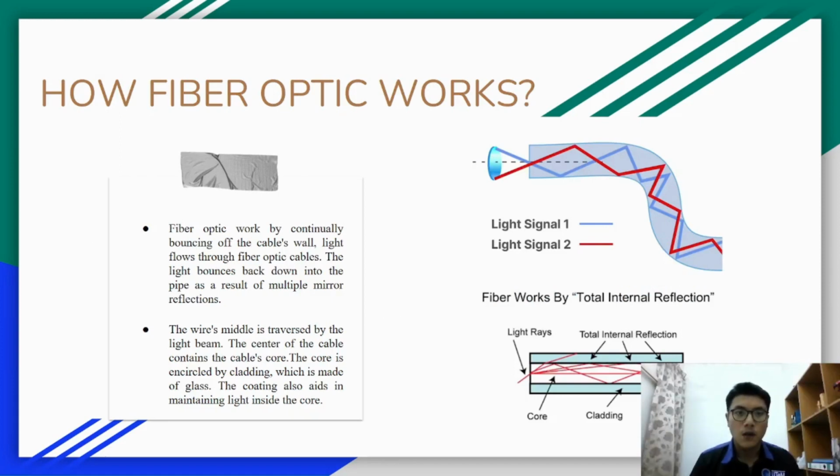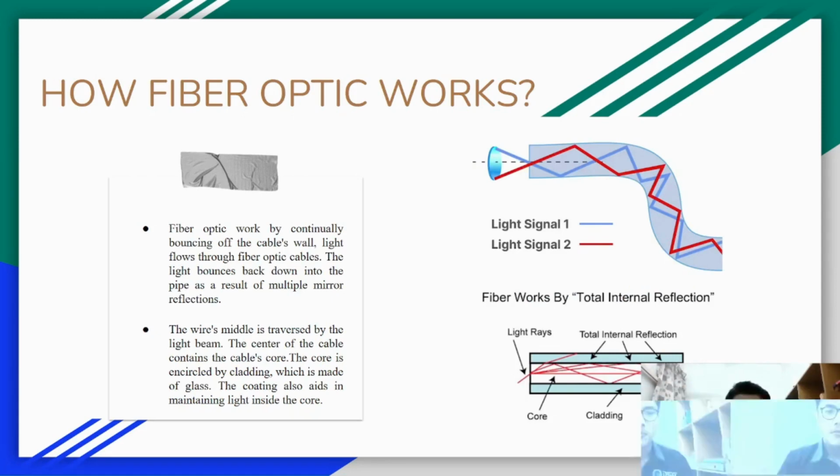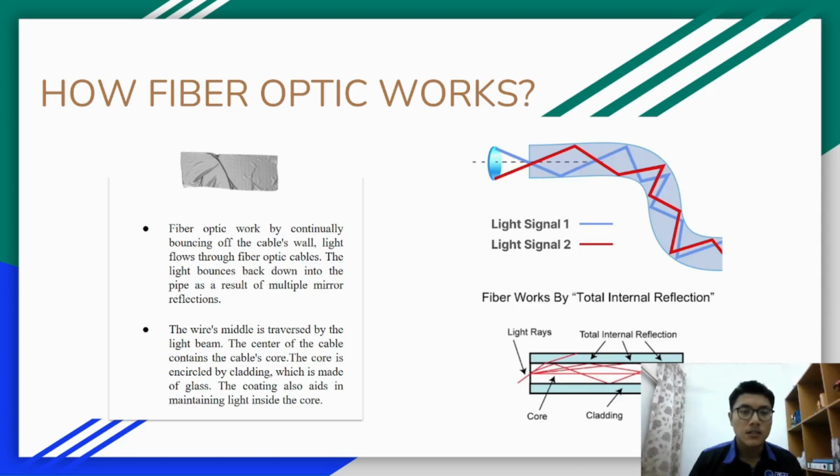So, how does fiber optic work? Fiber optic works by light continually bouncing off the cable's walls as light flows through the fiber optic cables. The light bounces back down the pipe, resulting in multiple mirror reflections. The center of the cable contains the cable's core, which is encircled by cladding made of glass.